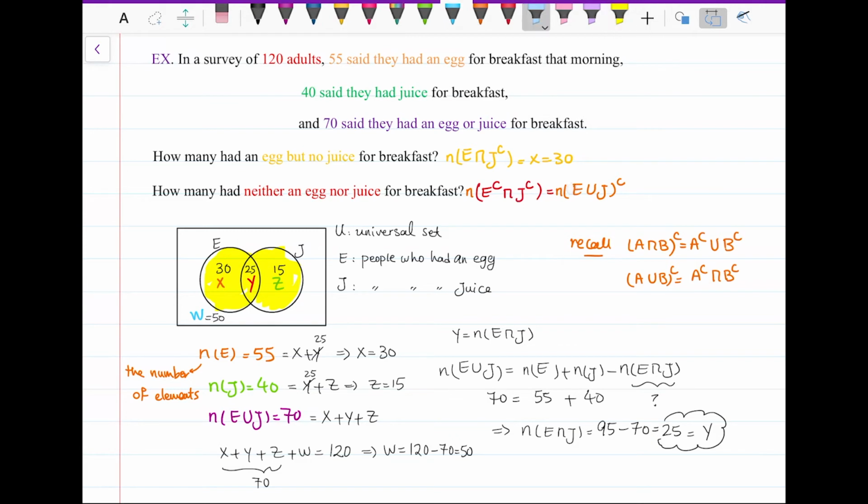Now I want to see the complement of that, and the complement would be exactly everywhere in here. So the number of people who had no juice and no egg would be w, which is equal to 50.